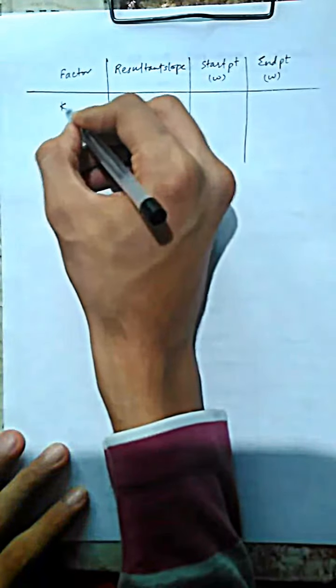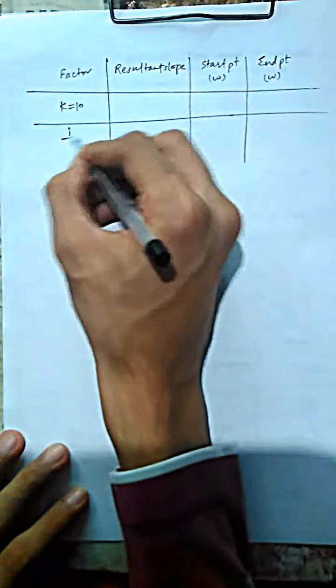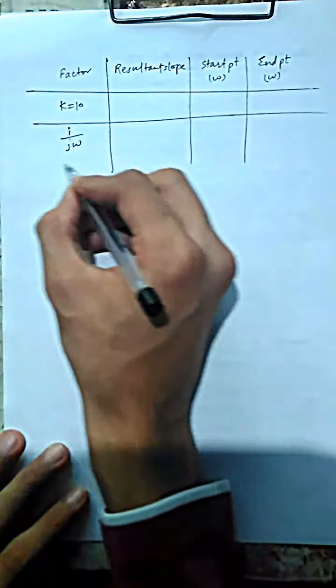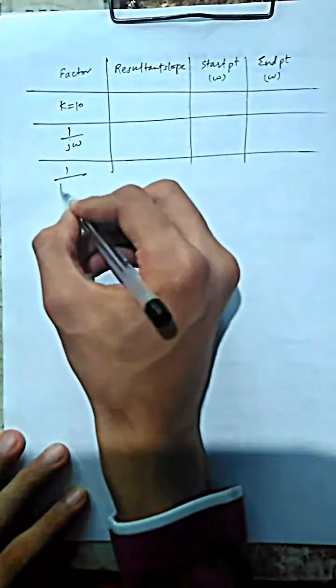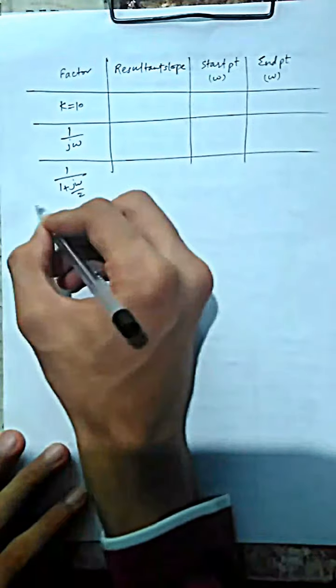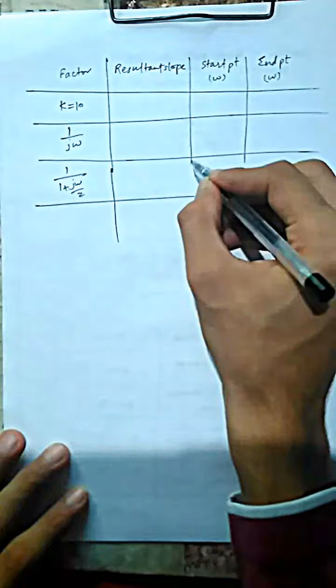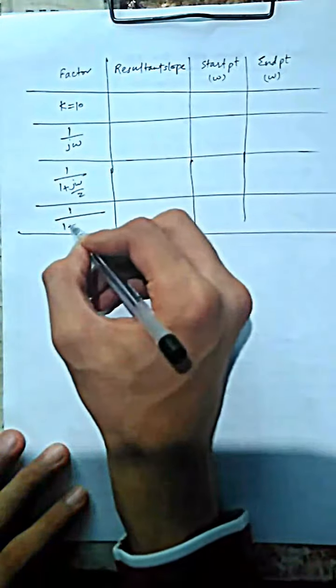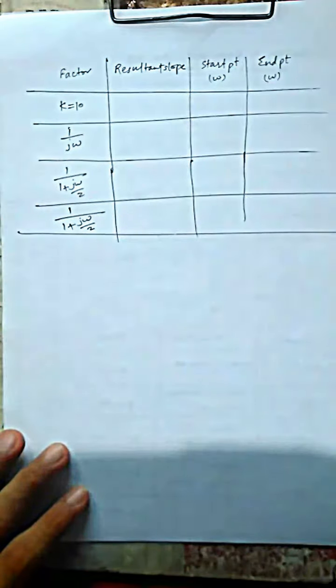What are the terms? First term was k equal to 10. Second was 1 by j omega. Then 1 upon 1 plus j omega by 2. Really easy task this is, like a game. Just fill the columns.